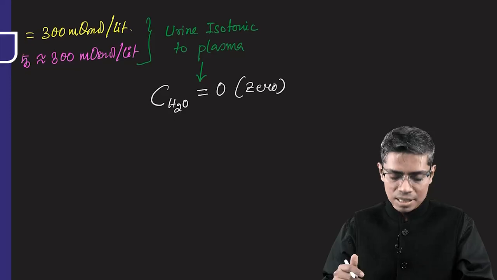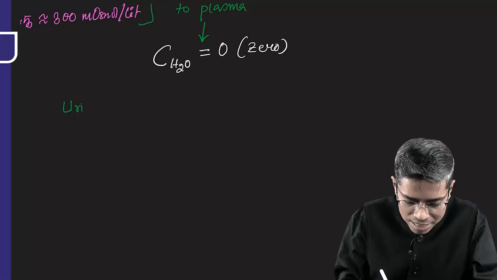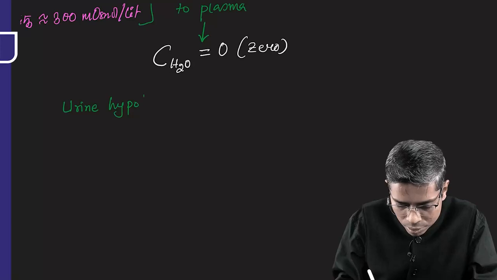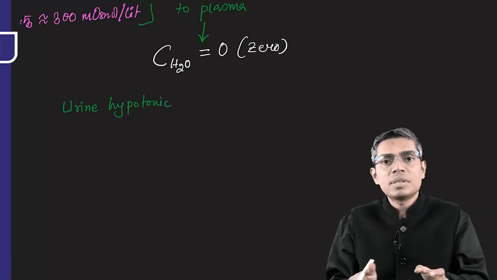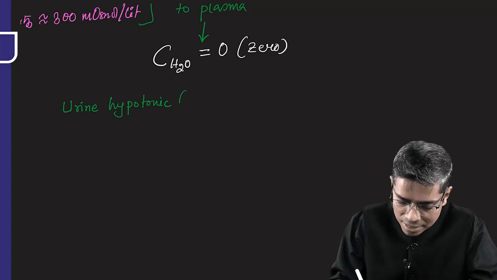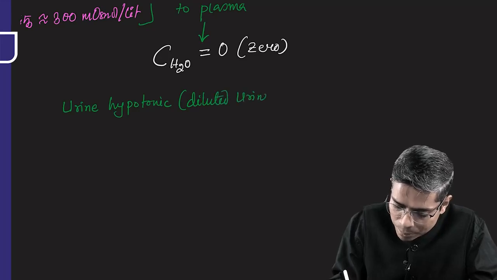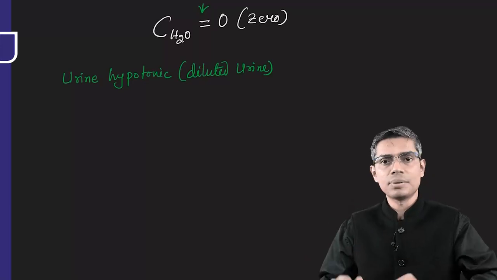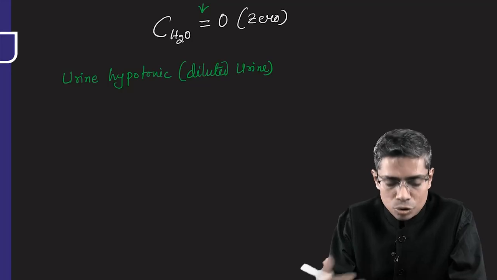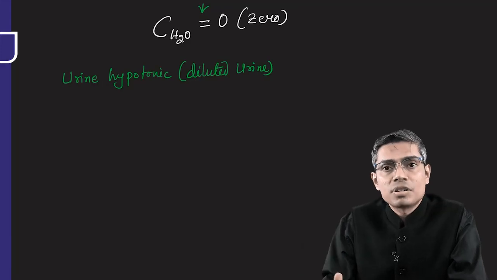Simple from this concept, whenever I say that urine is hypotonic, it means the tonicity of the urine is lesser than plasma osmolality. Urine is diluted. Whenever the person is excreting diluted urine, then the water content in the urine is extra. So urine is excreting extra water, which is not required.